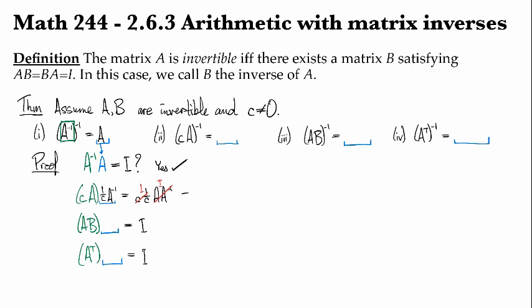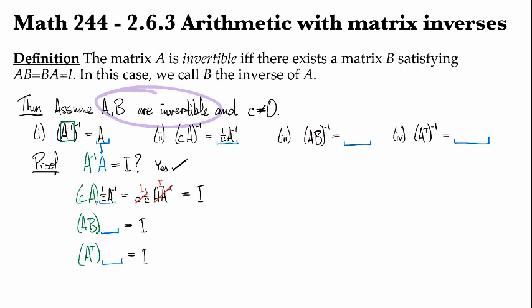And the identity times 1 is equal to the identity. A quick mental check will show you that if you put 1 over C A inverse on the other side, then it also works. And we're allowed to talk about A inverse because back at the very beginning, we said we're assuming that A and B are invertible, so we know it exists. So the inverse of CA is 1 over C A inverse.